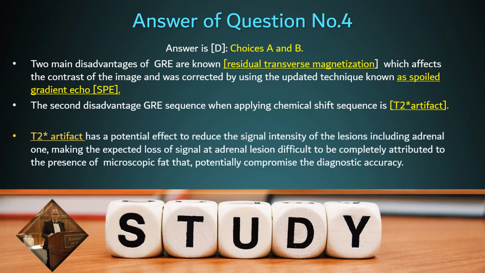T2 star artifact has a potential effect of reducing the signal intensity of the lesion, including adrenal lesions, making the expected loss of signal at an adrenal lesion difficult to attribute completely to the presence of microscopic fat, potentially compromising the diagnostic accuracy.